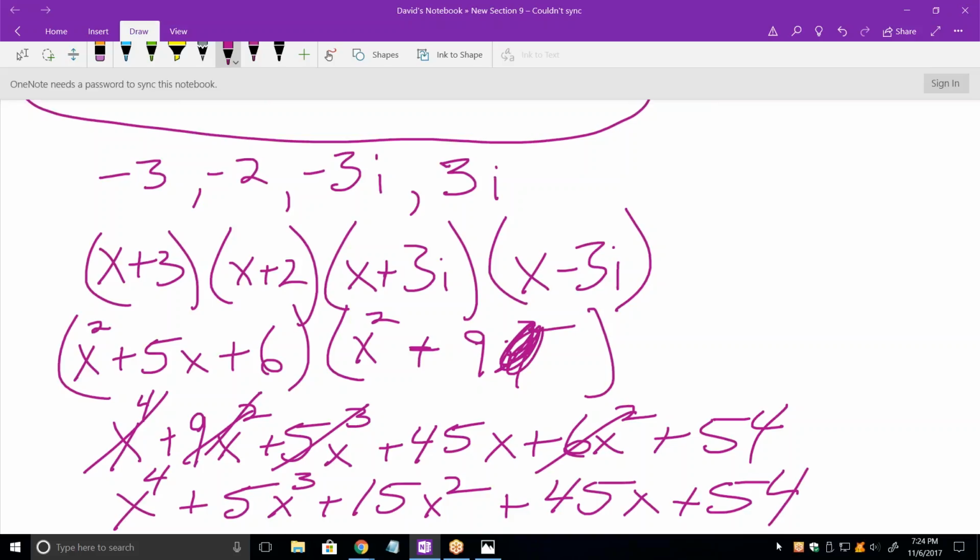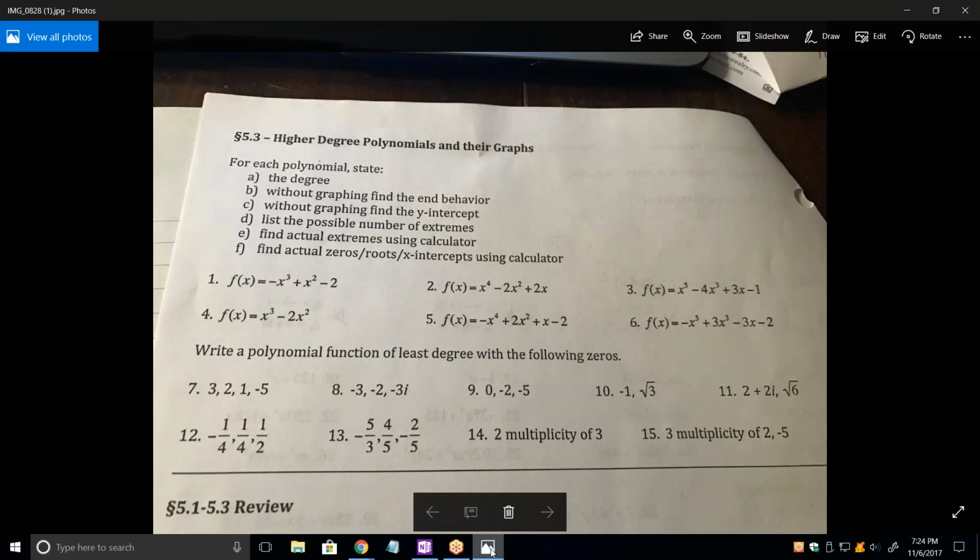All right. Let's have a look at 0. Write the polynomial function of least degree. 0, minus 2, and 5.